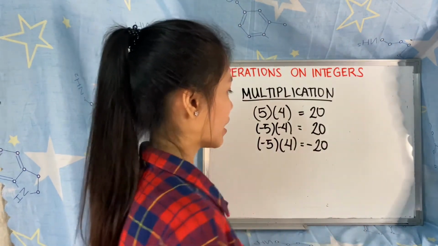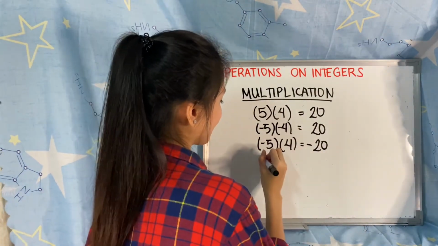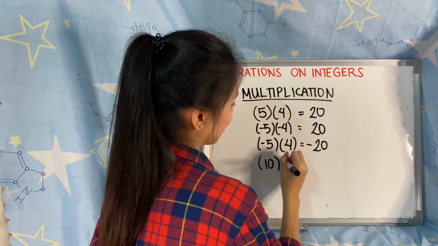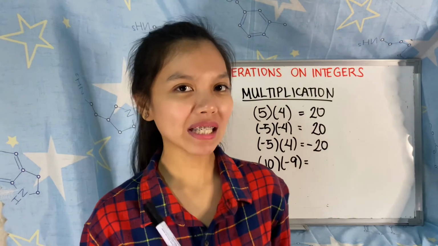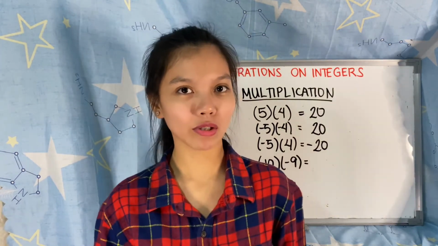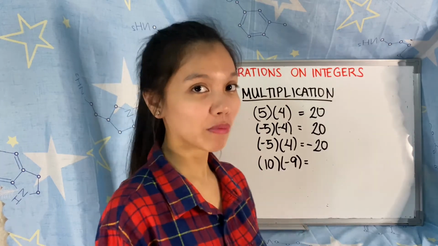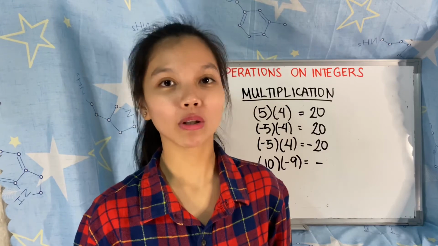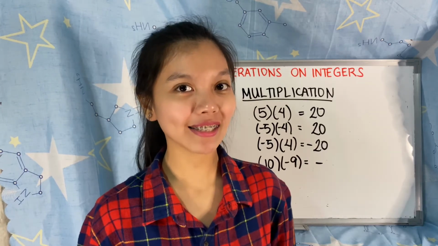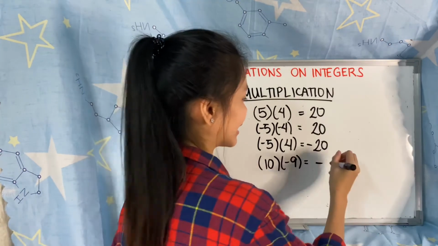Very good. What if we have positive 10 multiplied by negative 9? So, a positive and a negative number. So, they are different. So, automatically, the answer will be negative. Then, just multiply the numbers. So, 10 times 9, the answer is negative 90.